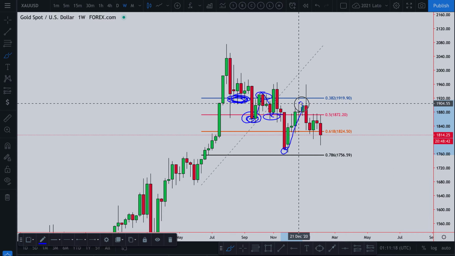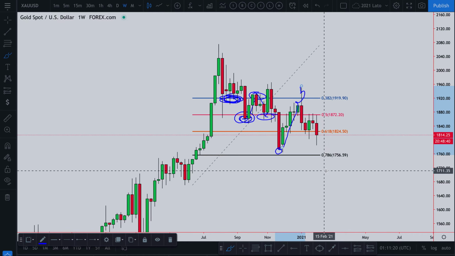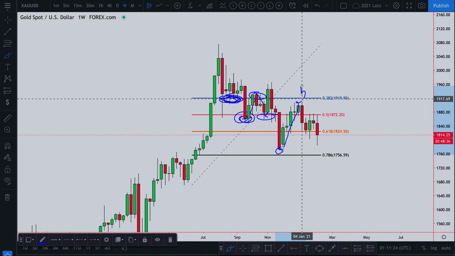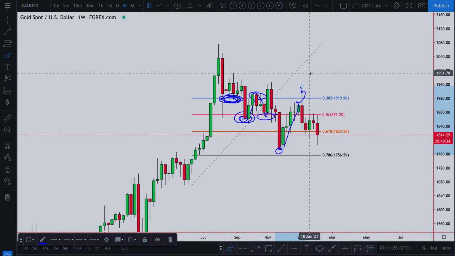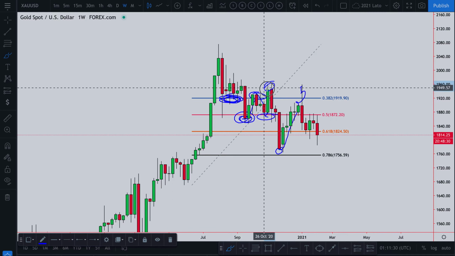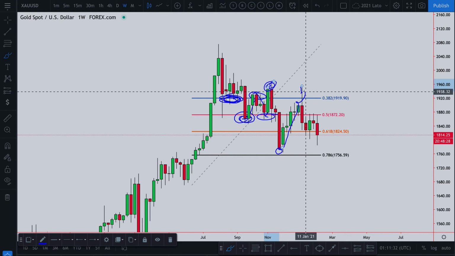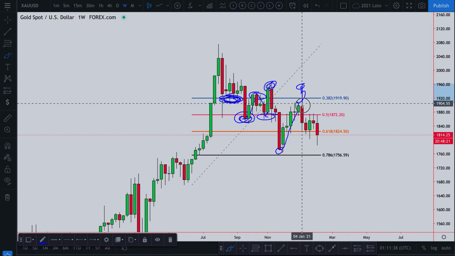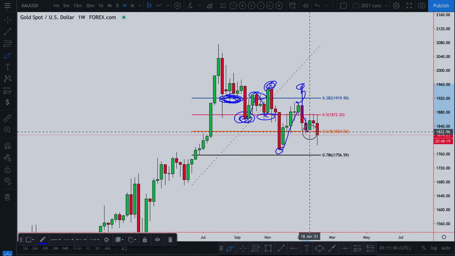Because the market tried to make a higher high and failed, that was the recent previous high. The market couldn't go upside, hence it melted back down towards the 0.618 Fibonacci level.